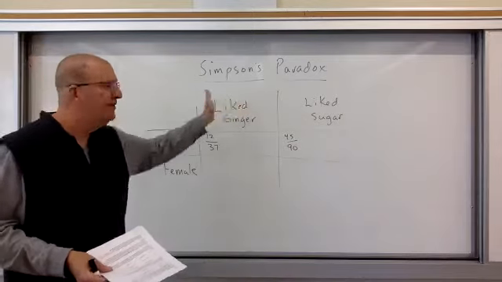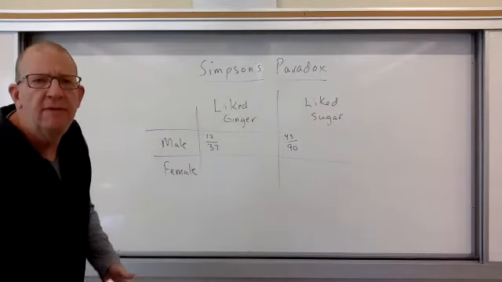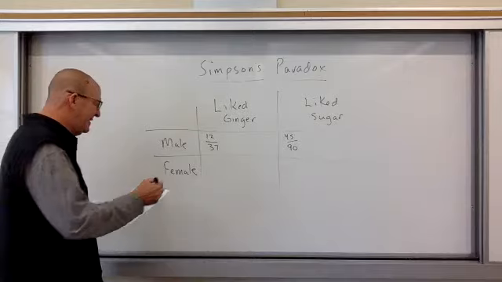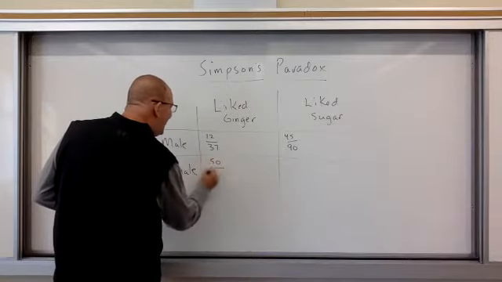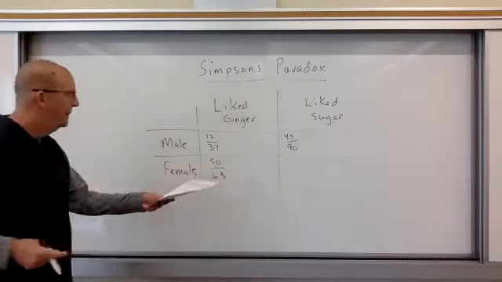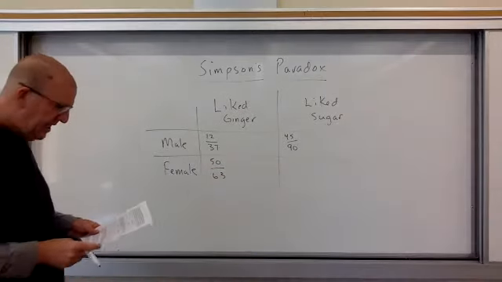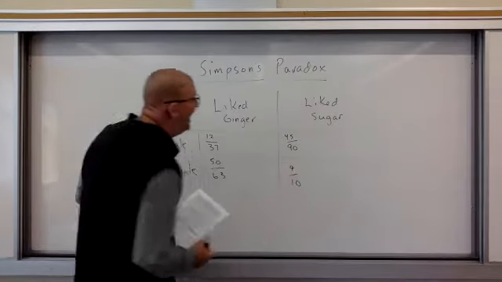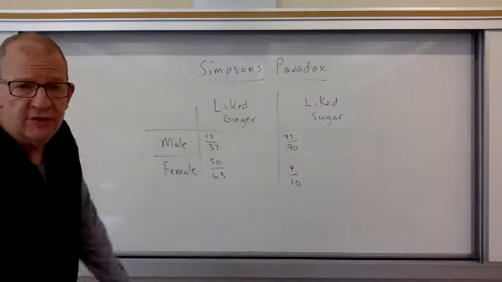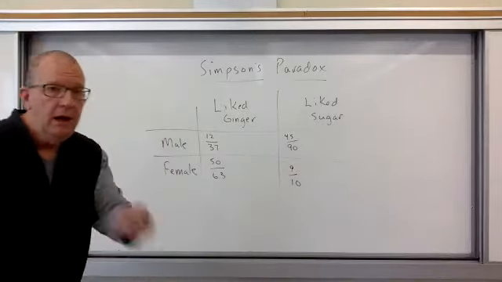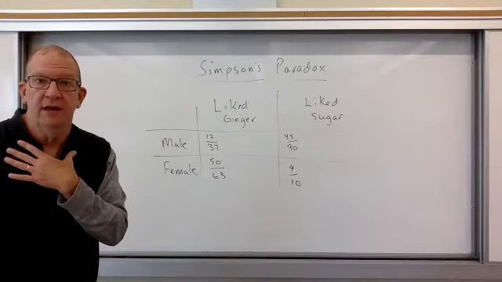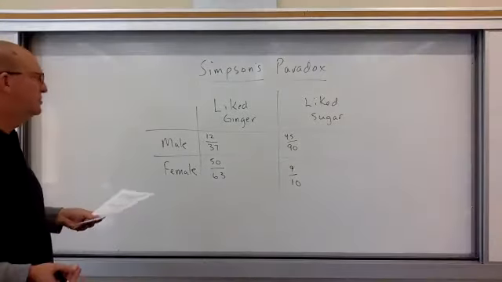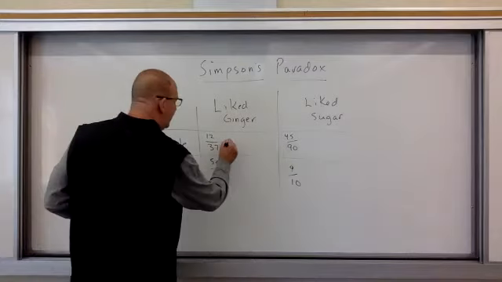And maybe you tested these on separate days. Of the people who identified as women, 50 out of 63 liked the ginger. And of the people who identified as men, 9 out of 10 liked the sugar cookie. So there weren't a ton of men coming in that day. That's a hint. Okay, so let's do these percentages.